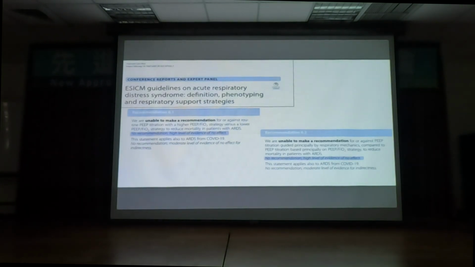The ALVEOLI trial, the LOVS trial, and the EXPRESS trial, okay? And in 2023, they used three totally new trials: the ALVEOLI trial, the EXPRESS trial, and the LOVS trial. Meaning, they took the same three trials and made one decision in 2017 and another decision in 2023. So either they did it wrong the first time or it just took them 7 years to analyze three studies. I'm not sure.